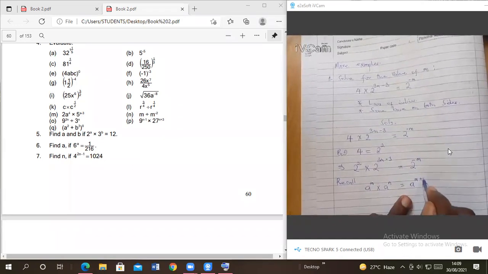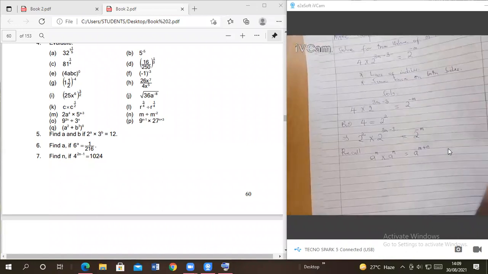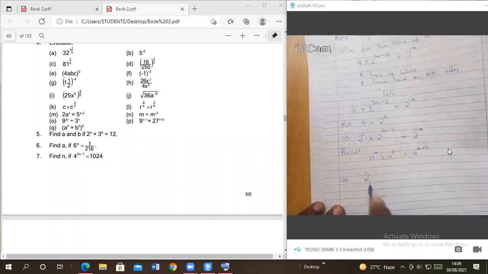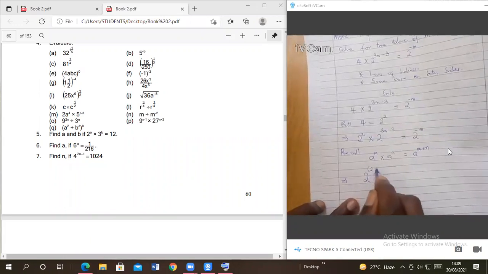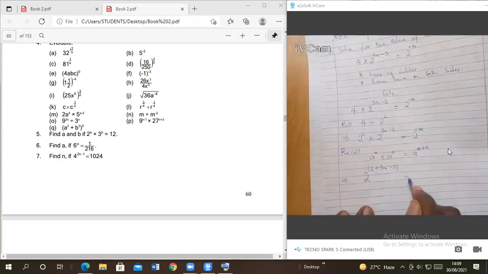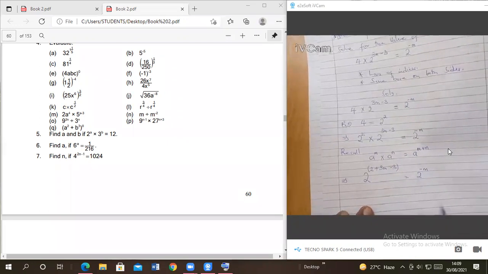So this will be m plus n. So it implies that now here we shall have 2 to the power 2 plus 3m minus 3 equals 2 to the power negative m.